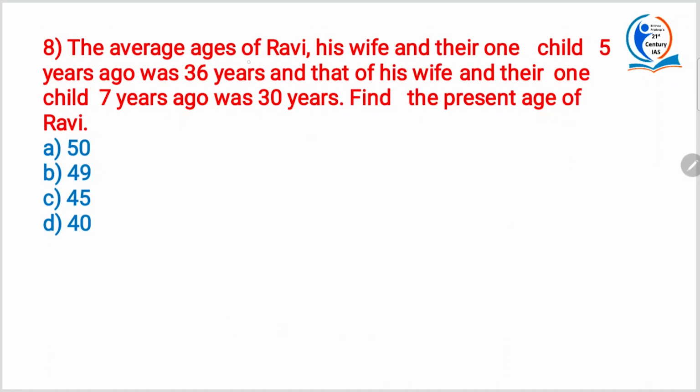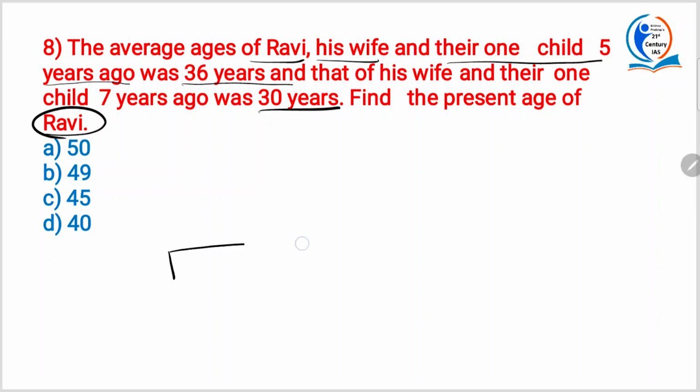Okay. The average age of Ravi, his wife and their one child 5 years ago was 36 years. And that of his wife and their one child 7 years ago was 30 years. Find the present age of Ravi. Pay attention here. You have to understand one crucial thing.